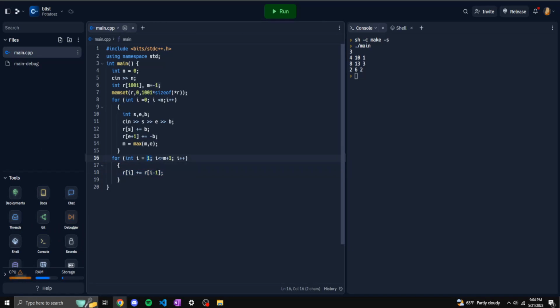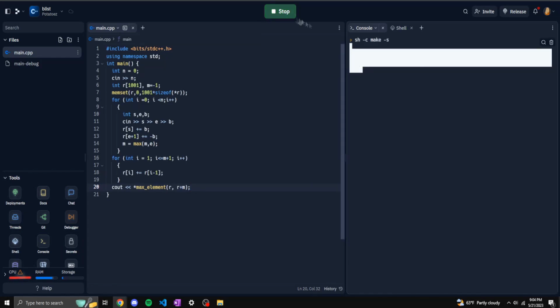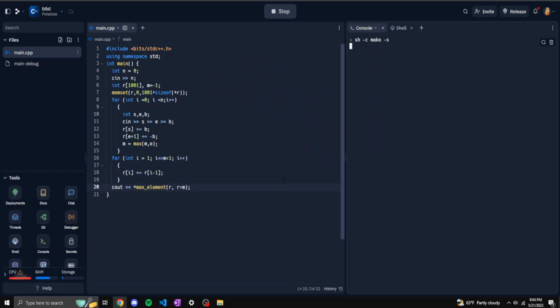I start at 1 since we need i minus 1, and then at the end I could just print out the max element needed, and m would be my search range. So there, that should work for a test case like this. As you see, we got 4, and that should be our answer.